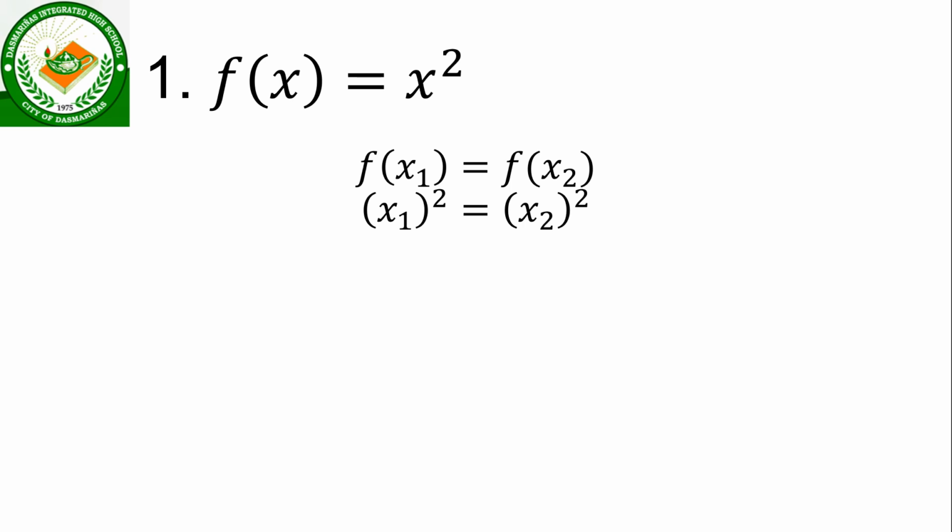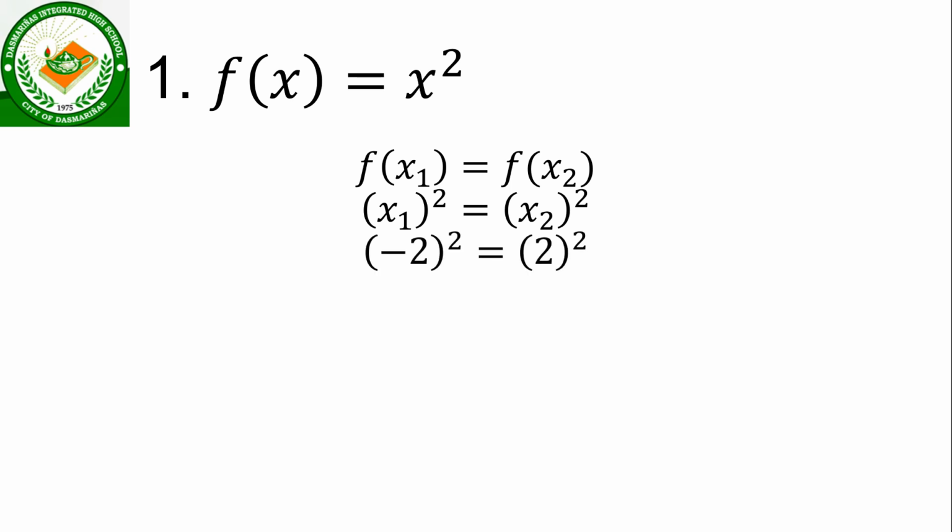Evaluating this function, f of x sub 1 is x sub 1 squared. We just replace x by x sub 1. For the second one, we have x sub 2 squared. We just replace x by x sub 2. We just evaluate the function.